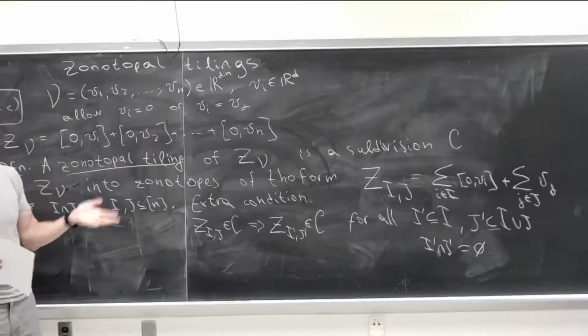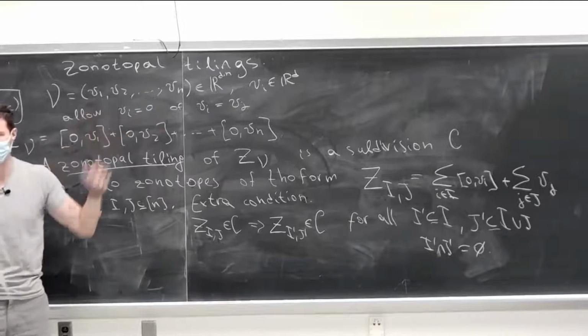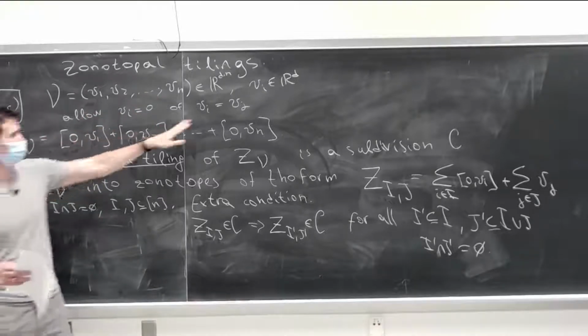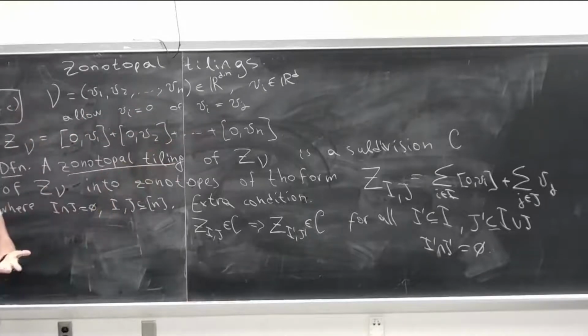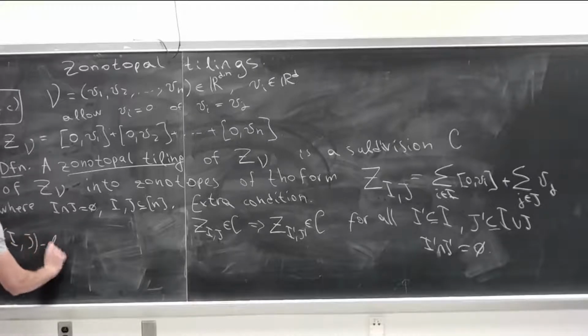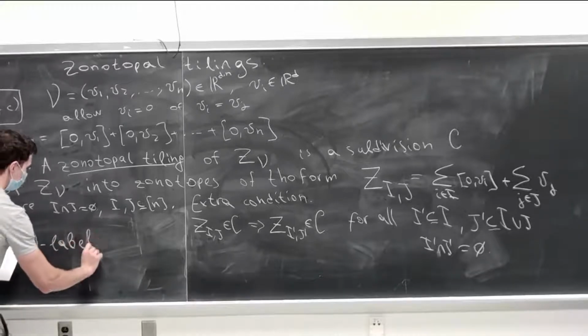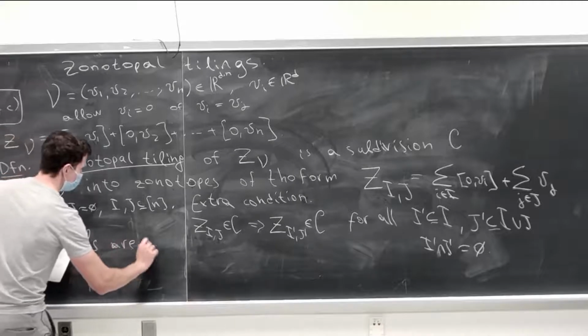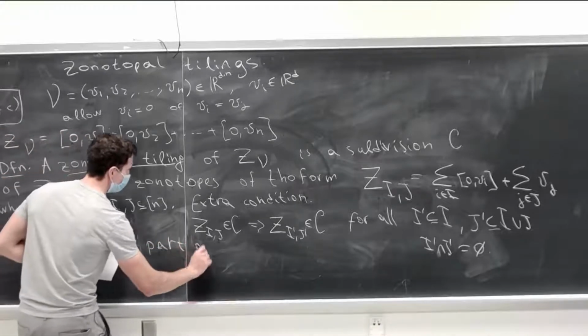You're correct about that. But I want to label them by 1 through n, and I want to allow repetitions. In a set, you wouldn't have repetitions. So the I, J labels are part of the data.